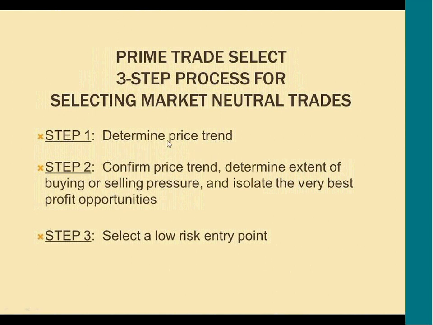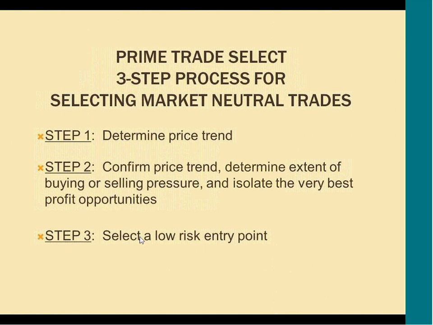And the goal with a trend following system is to quantitatively measure the buying and selling pressure of a stock, and this allows us to follow the trend instead of trying to predict the trend. And this allows us to use a system instead of using decision making.